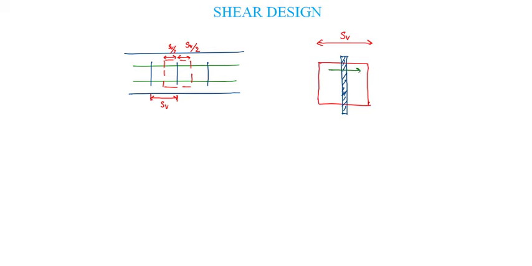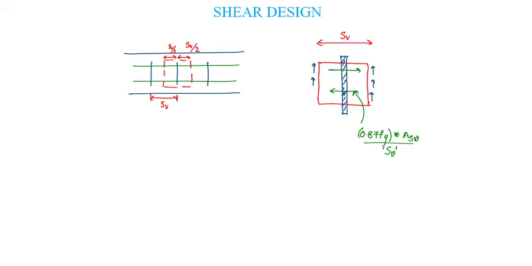Then the shear resisted by this reinforcement, or the horizontal shear resisted, will be 0.87 Fy, its capacity, into ASV, the area of this reinforcement provided, that is stirrup provided, and it is provided at a spacing of SV.